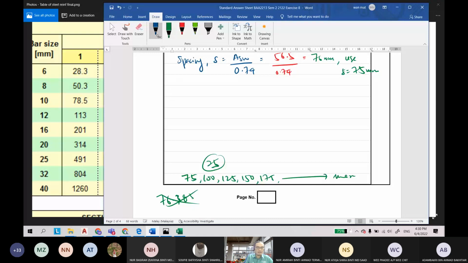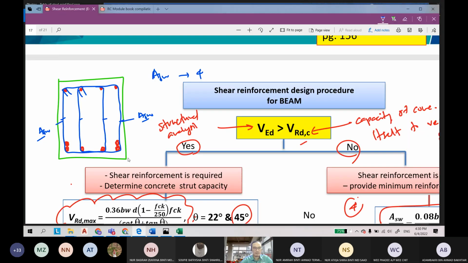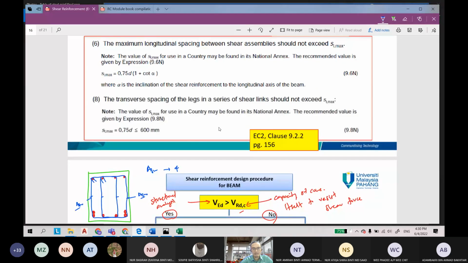So we check the S maximum. According to the code, it is equal to 0.75D. You can check in the Eurocode, clause 9.2.2, equation 9.8, page 156.